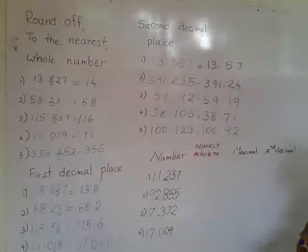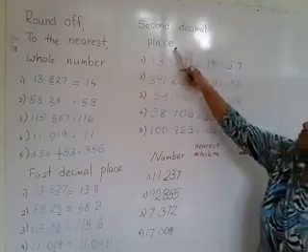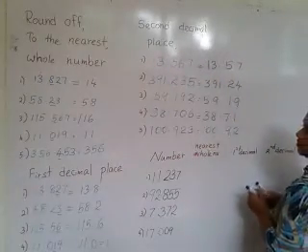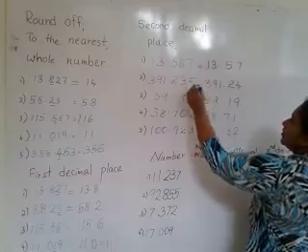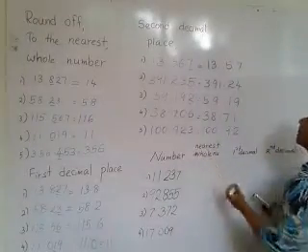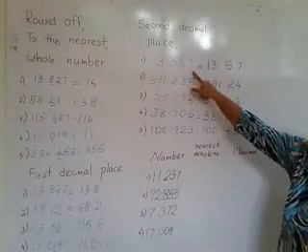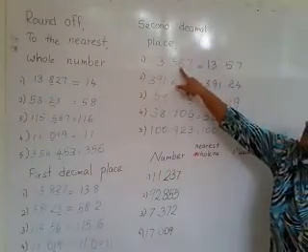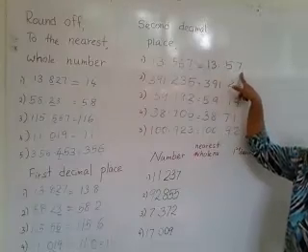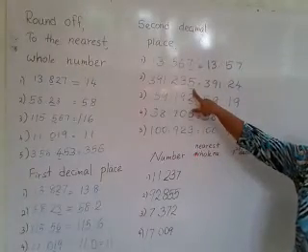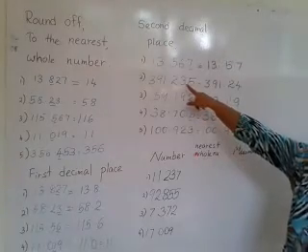Or in another way, if it is the second decimal place, we must consider the third number. So I will underline the third number. Here it is more than 5, so increase 1. 56 becomes 57, so 13.57. Here also it is 5, so increase 1.